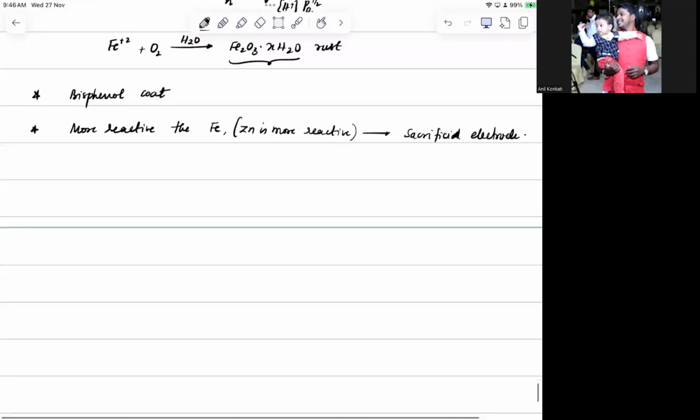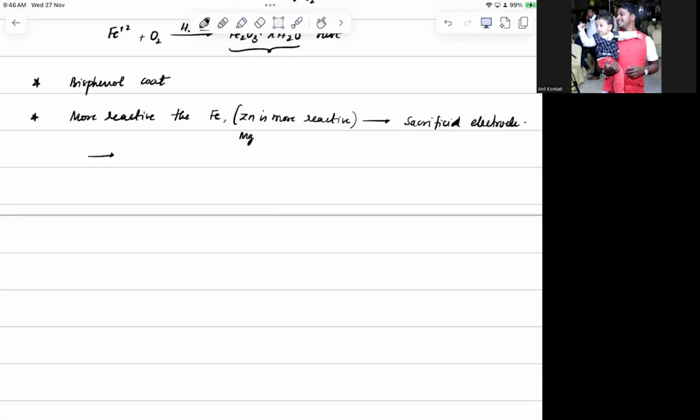Another way is to use metals like zinc or magnesium. These two can be used as sacrificial ones. Tin can also be used, as it is more inert than iron.